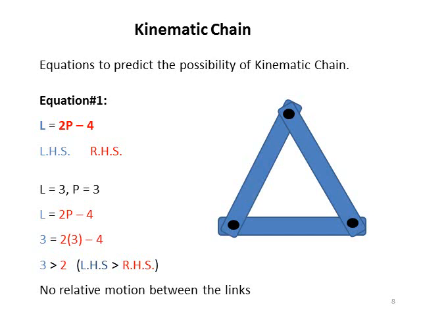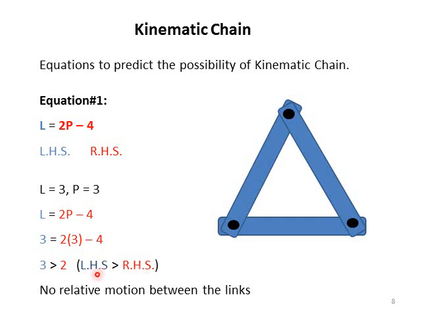Let's put the values in equation number 1. Equation 1 has L is equal to 2p minus 4. L is the left hand side, 2p minus 4 is the right hand side. Let's put the value of L as 3, p is equal to 3, the kinematic pairs are 3, links are 3. What will we get? The end result: 3 is more than 2, or the left hand side is more than the right hand side.